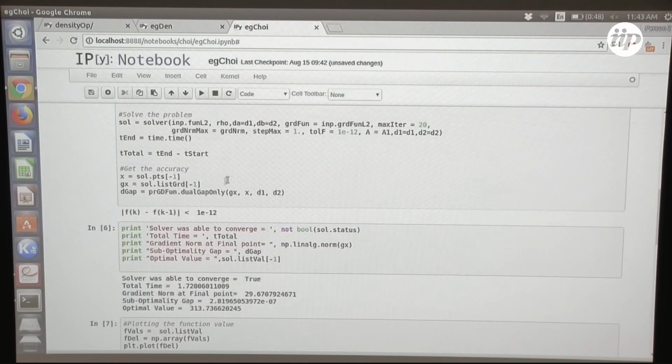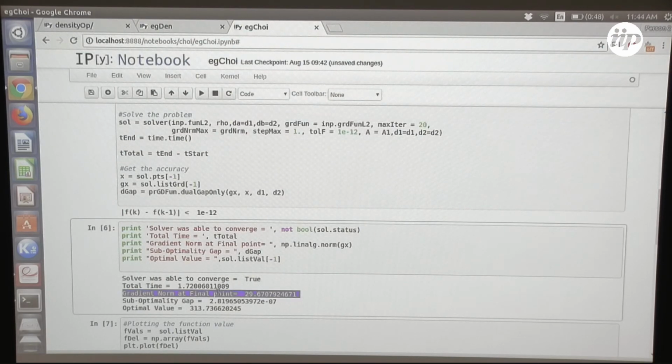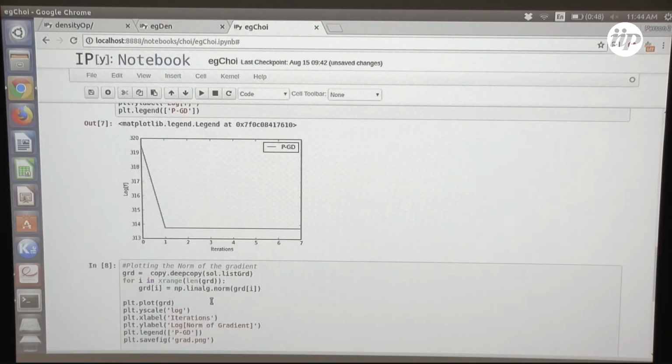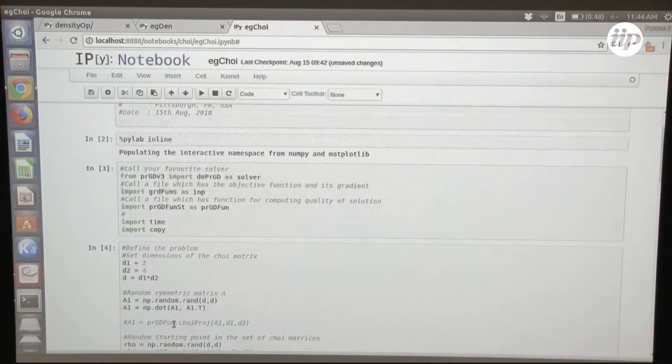The algorithm converged because it couldn't change the function values, and then you compute the norm of the gradient at the final point. It's not 0, so you had to search the boundary. You can also compute the sub-optimality gap, in this case as an SDP, which was done behind the scenes.